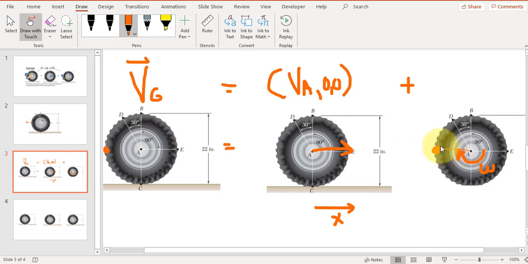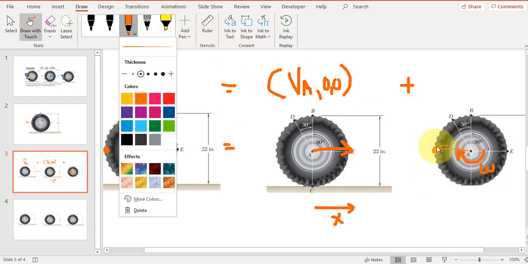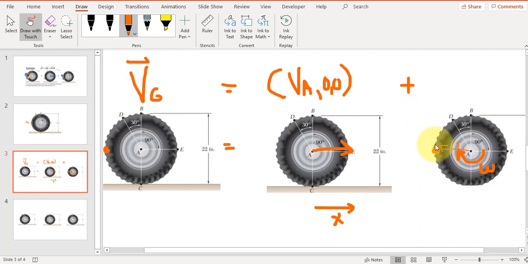So if the diameter is 22 inches and the radius is 11 inches, it's good to use feet and seconds when you're dealing with English units. So the overall velocity of this thing, it's going to be traveling tangent to the outside. So in this case, it'll be going straight up. And this is the velocity of, we called it point G with respect to A.